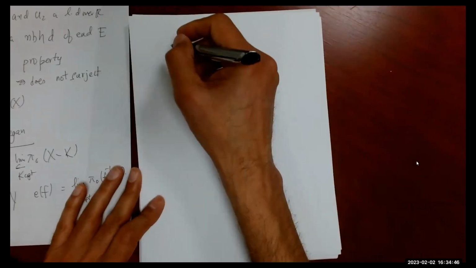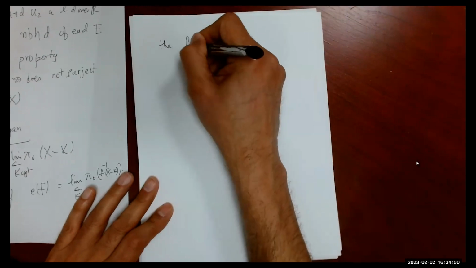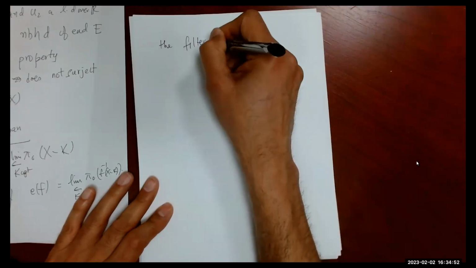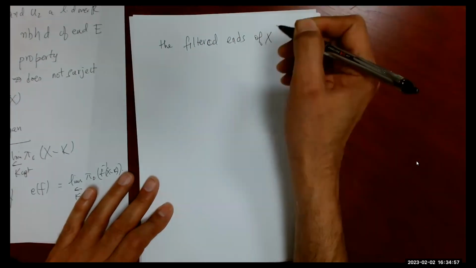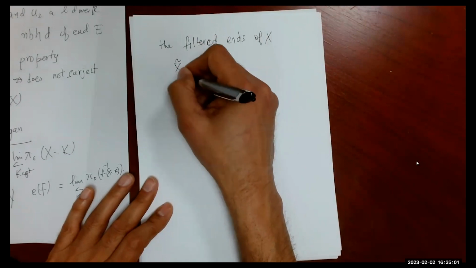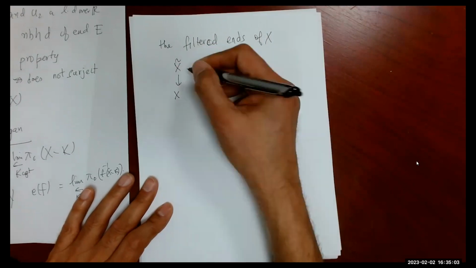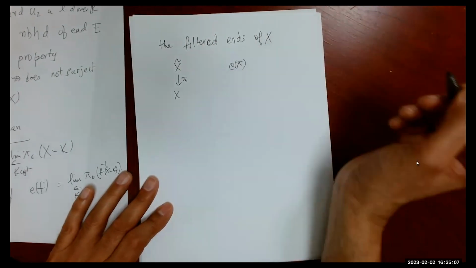In particular, we will define the filtered ends of X as follows: you look at the map pi from the universal cover of X to X, and it's just the ends of pi.